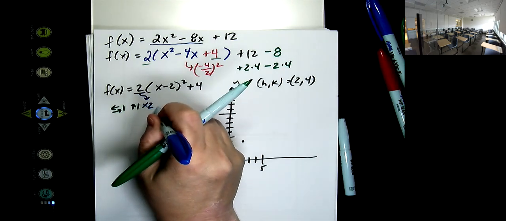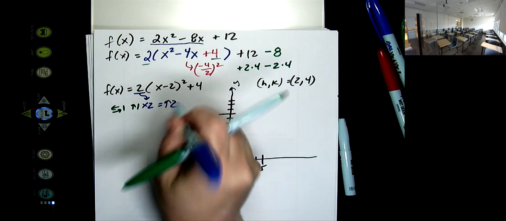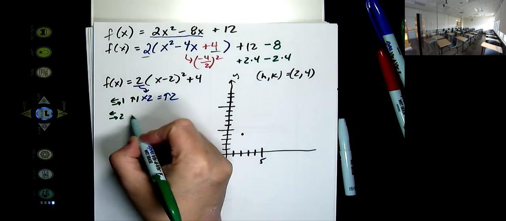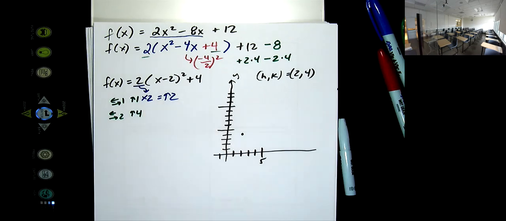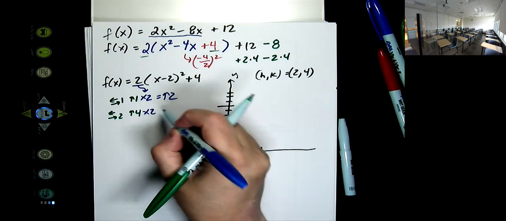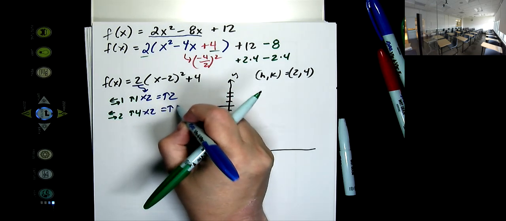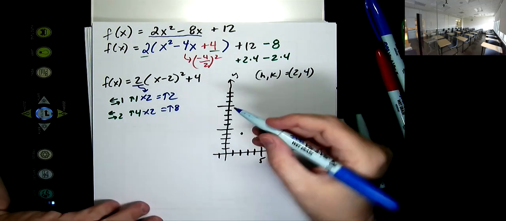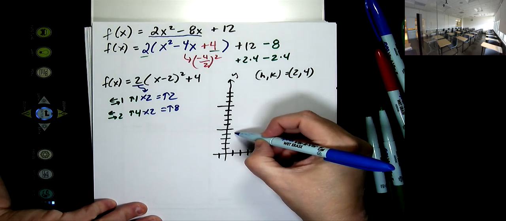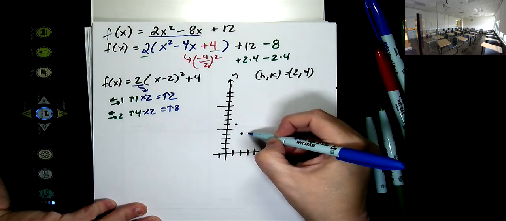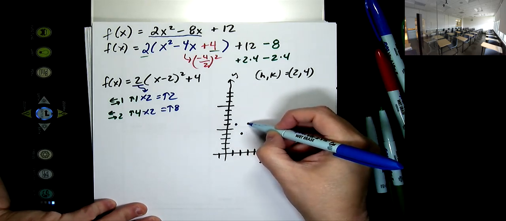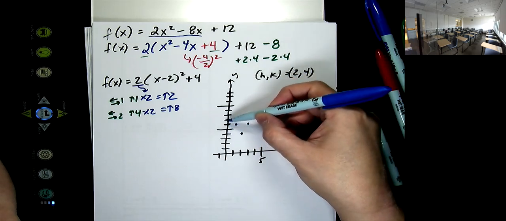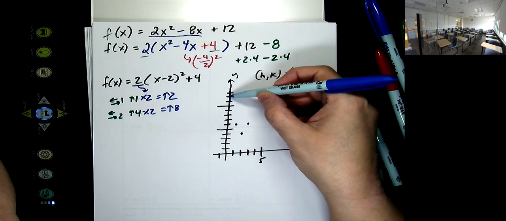Times 2 means up 2. And left or right 2, instead of going up 4, that gets scaled by the 2, and it's up 8. One, 2, 3, 4, 5, 6, 7, 8.